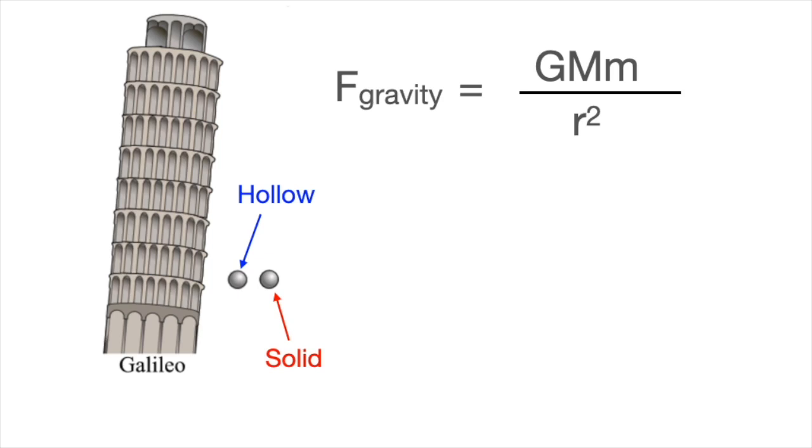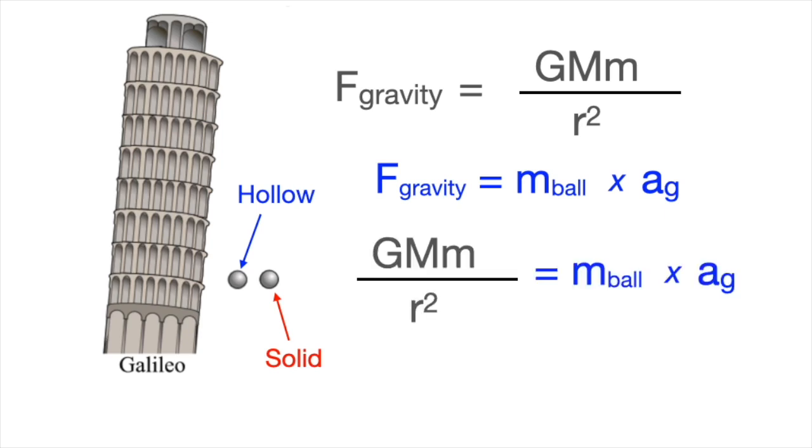Let's derive this result explicitly by referring to Newton's second law. The force of gravity equals the mass of the ball times a sub g, where the subscript g indicates that the acceleration is due to gravity. Now, we can combine these two equations to arrive at this result.